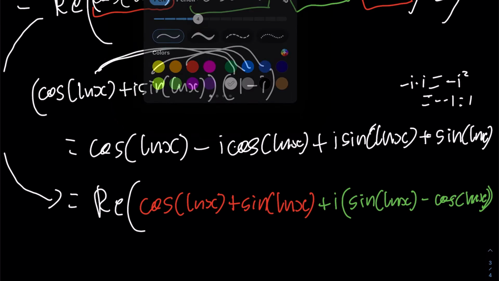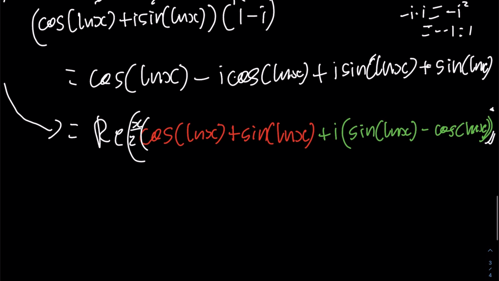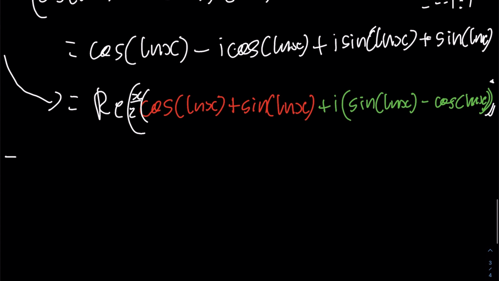Let's just fit in this x over 2 over here and close both of these brackets. So finally, after absolutely everything, we see that we have the real part of now distributing this x over 2, that's pretty easy.